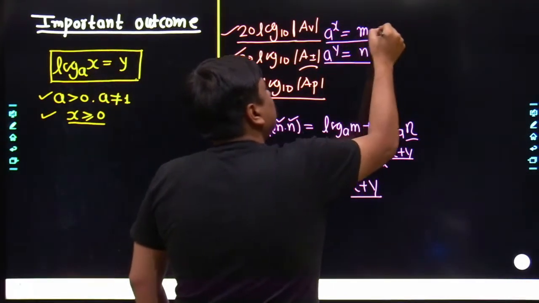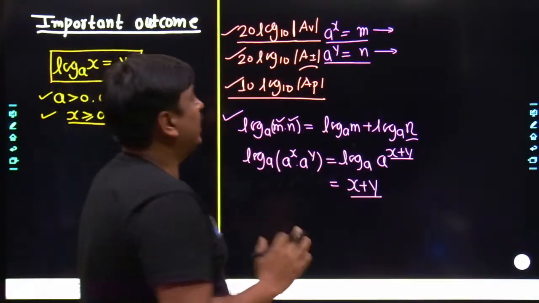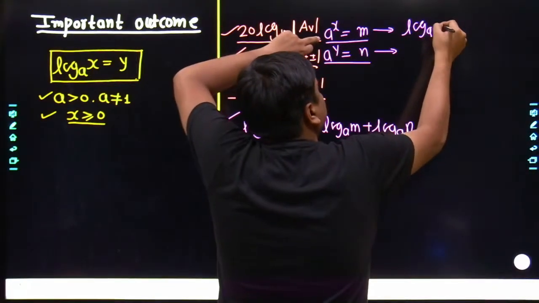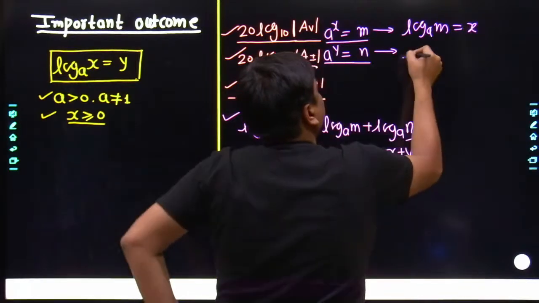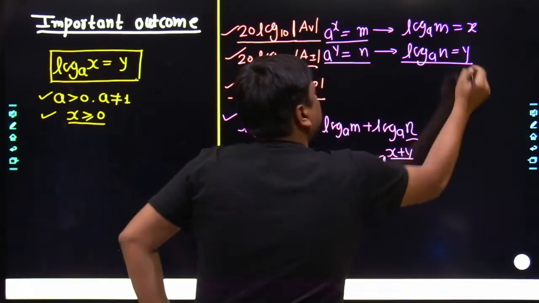And if you want to convert this exponent into the form of a logarithm, easily you can do that. See how? It would be log, base would remain as it is, the result would become log of m, and the result would be x over here. And similarly goes log base a of n is y.